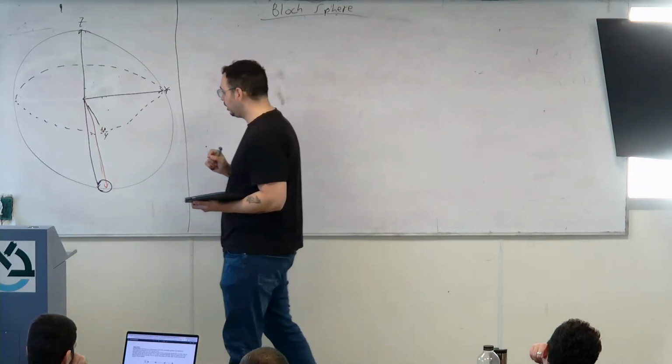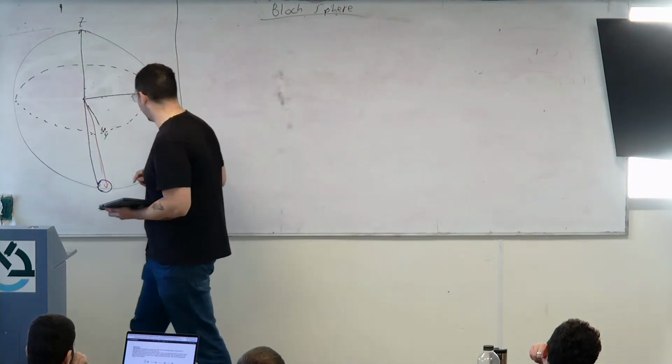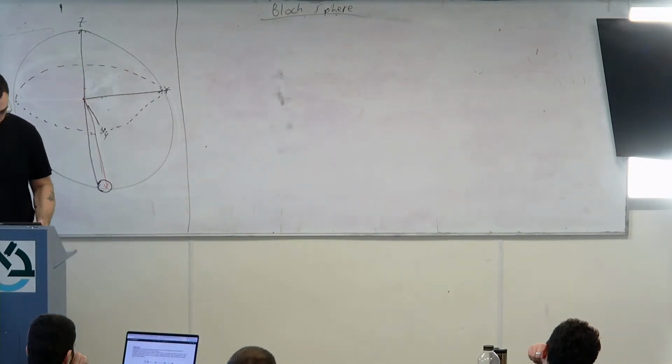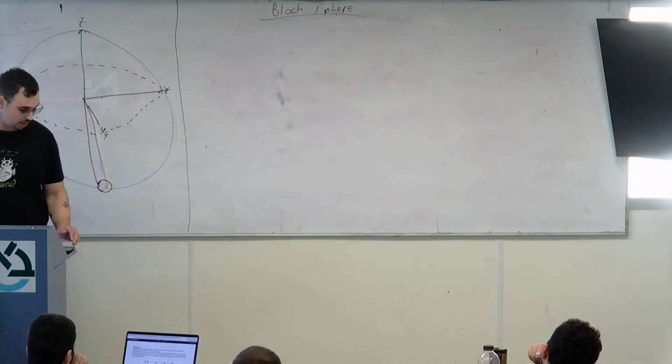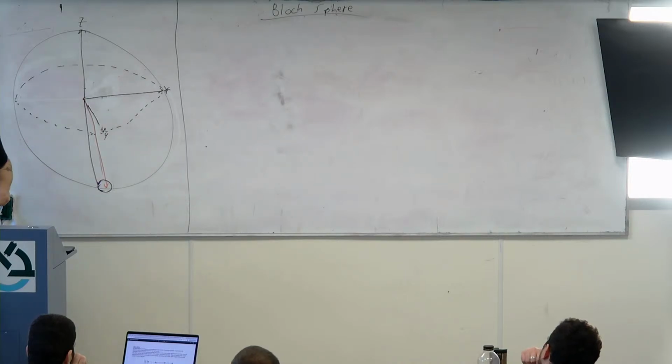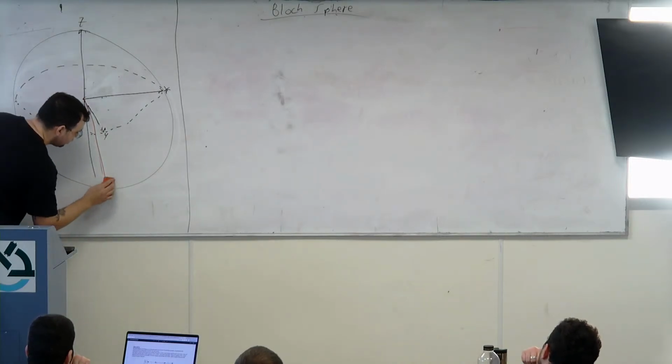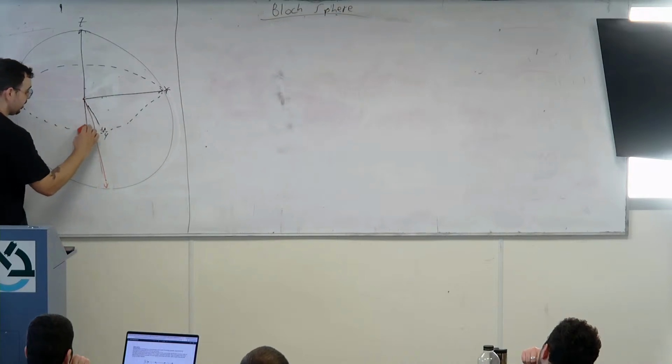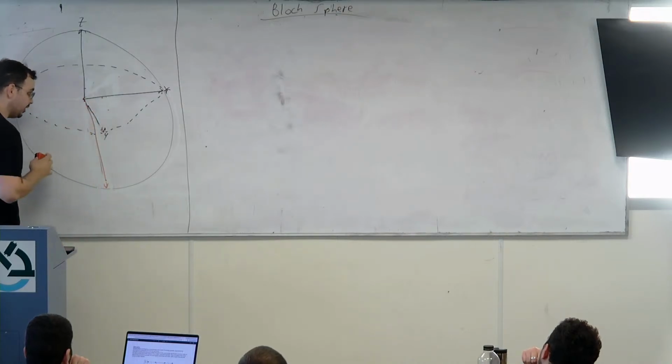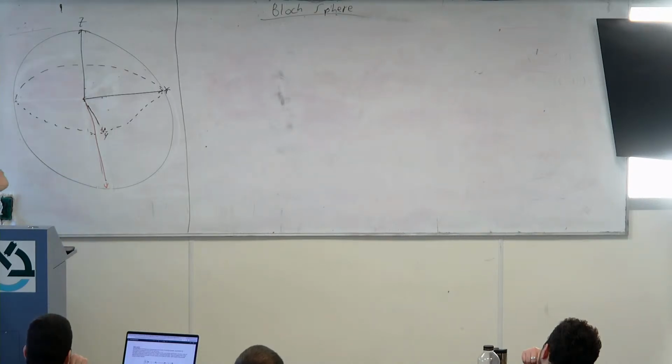So, let me quickly describe what we saw in the last question using our beautiful class pet here. You might think it's a bad circle. It's one of my best so far, so I'm very proud at least.